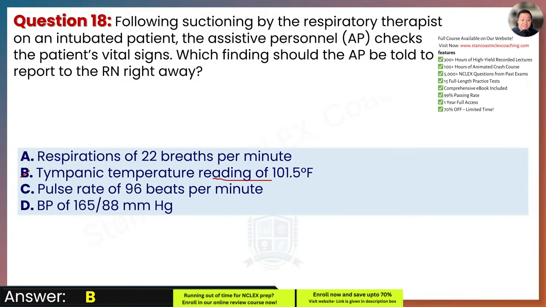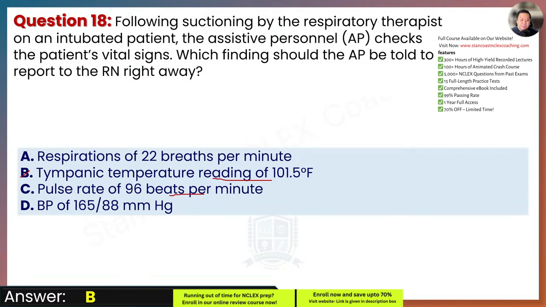So there's no immediate need to call the RN unless it keeps rising or other distress signs appear. Now, what about the 96 heart rate here? Is this going to be concerning? I guess not, all right? This is also within normal limits, and we know that suctioning can cause temporary heart rate fluctuations due to the discomfort or mild hypoxia, but this finding is not alarming in itself.